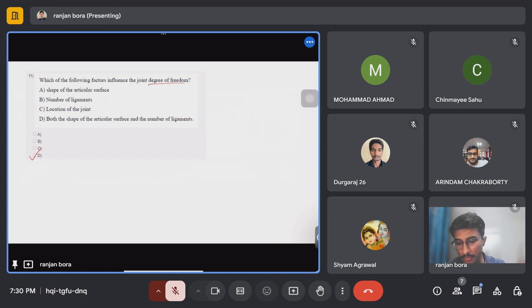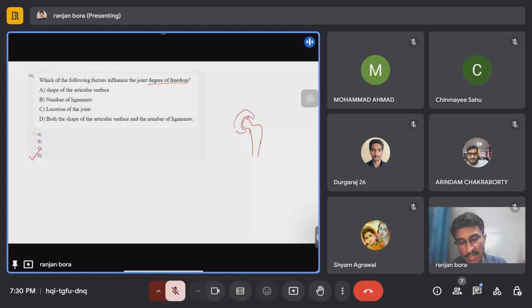In case of degree of freedom, here it is not talking about those factors. Here it is talking about how the joint is formed. Like in case of hip joint, we have the femur and then the acetabulum cup.